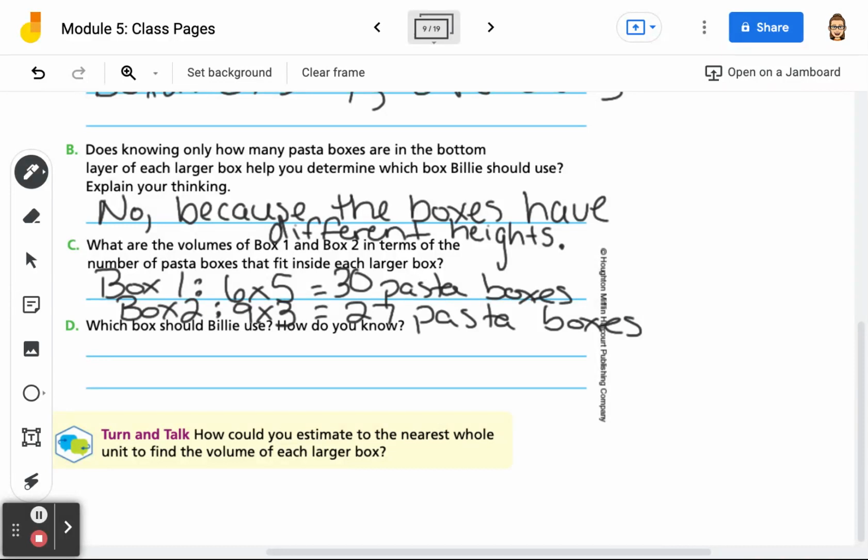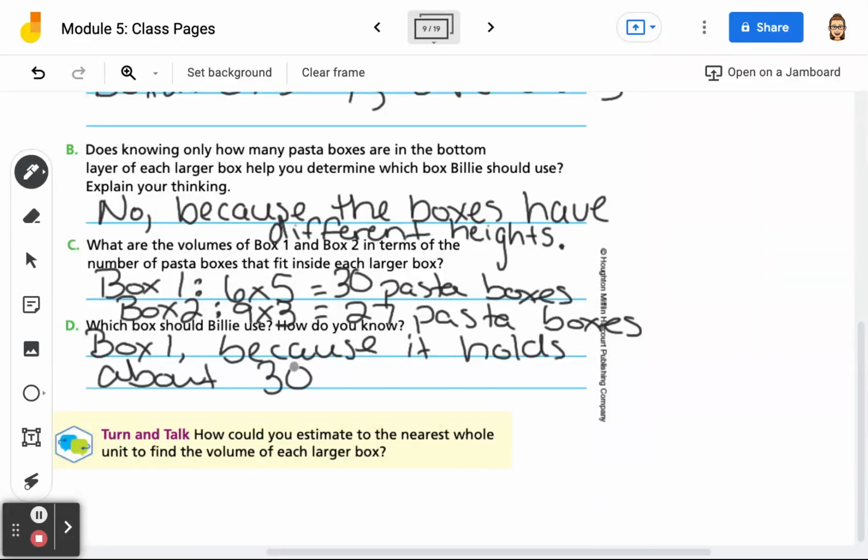So then it says, which box should Billy use and how do you know? Well, box 1, because it holds about 30 pasta boxes.